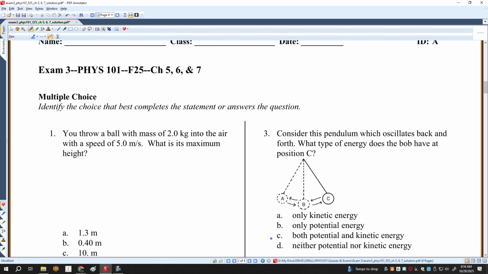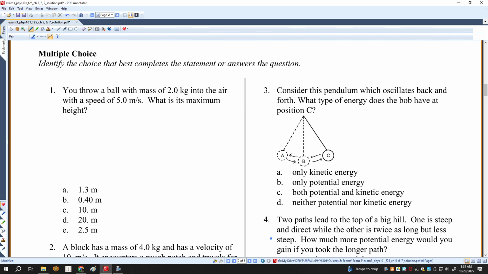All right, let's look at these multiple choice. Throw a ball with a mass of 2 kilograms in the air with a speed of 5 meters per second. What is the maximum height? So I throw it up in the air, and I want to know to what height it goes if it has a speed of 5 meters per second down here.